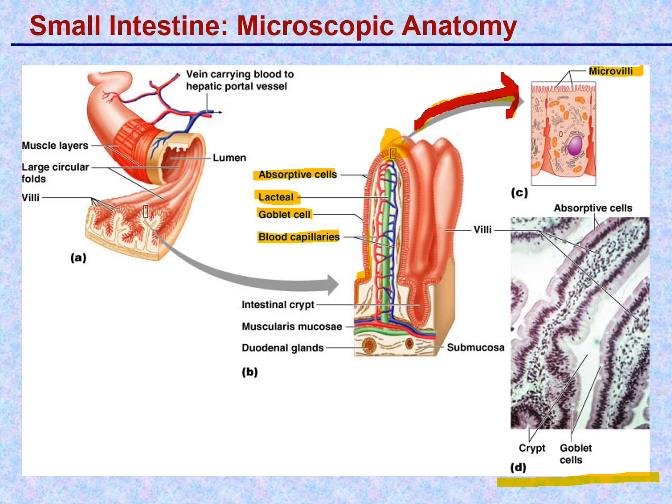Do not confuse villi and microvilli. Villi refers to each of these finger-like projections that stick out from the side wall of the intestine. And microvilli refers to the small projections that are actually at the surface of each and every cell. Okay, those are microvilli.